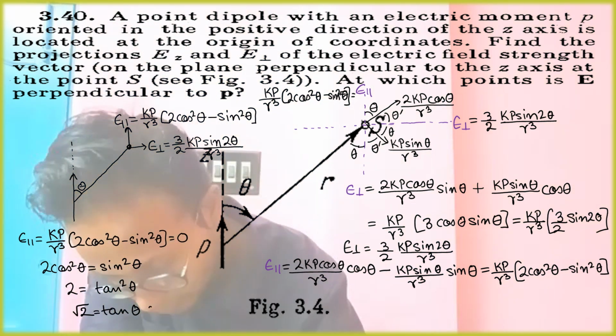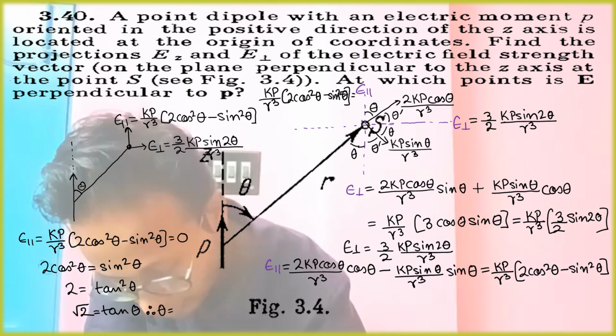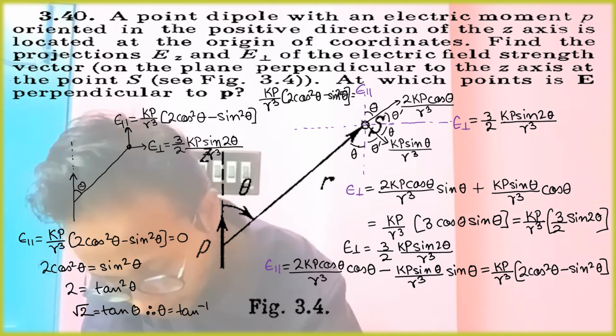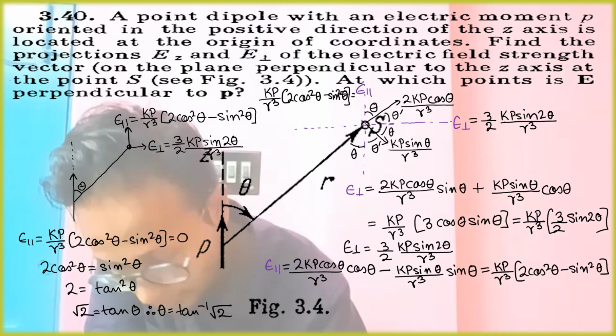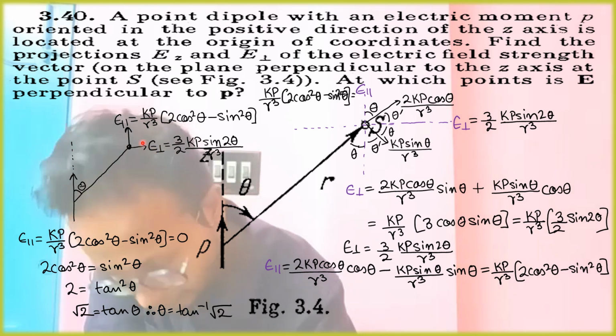So for theta equal to tan inverse root 2, the electric field would be perpendicular to the dipole.